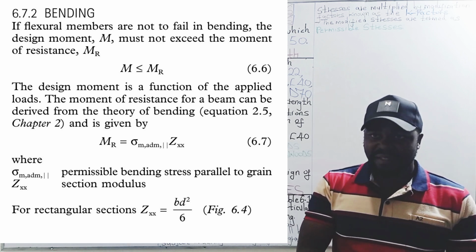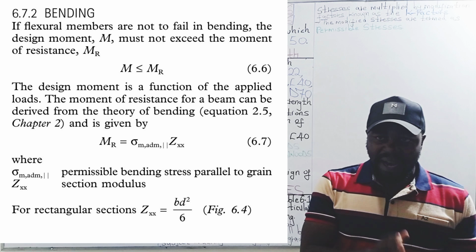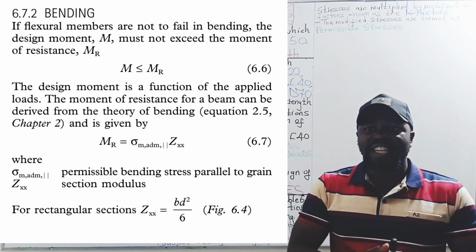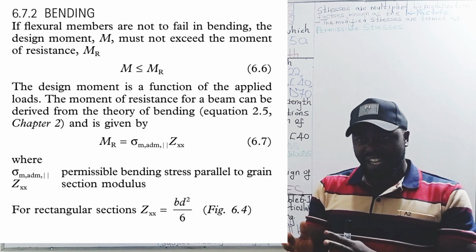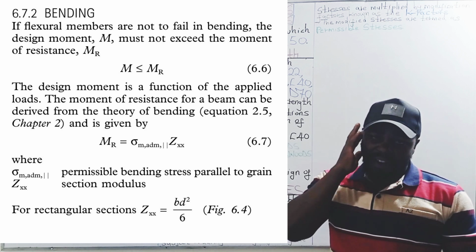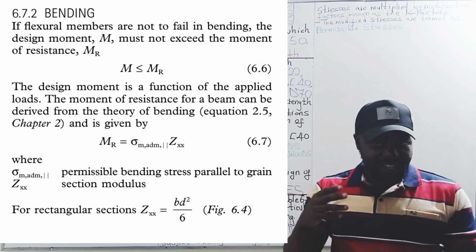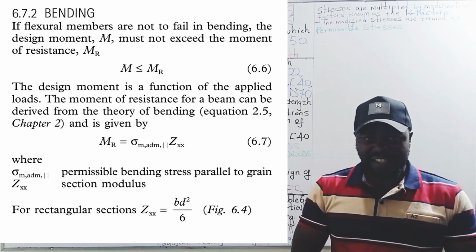We should know that the moment of resistance for a beam is given by permissible bending stress parallel to the grain multiplied by section modulus. And for rectangular sections, the section modulus is given by BD squared divided by 6.